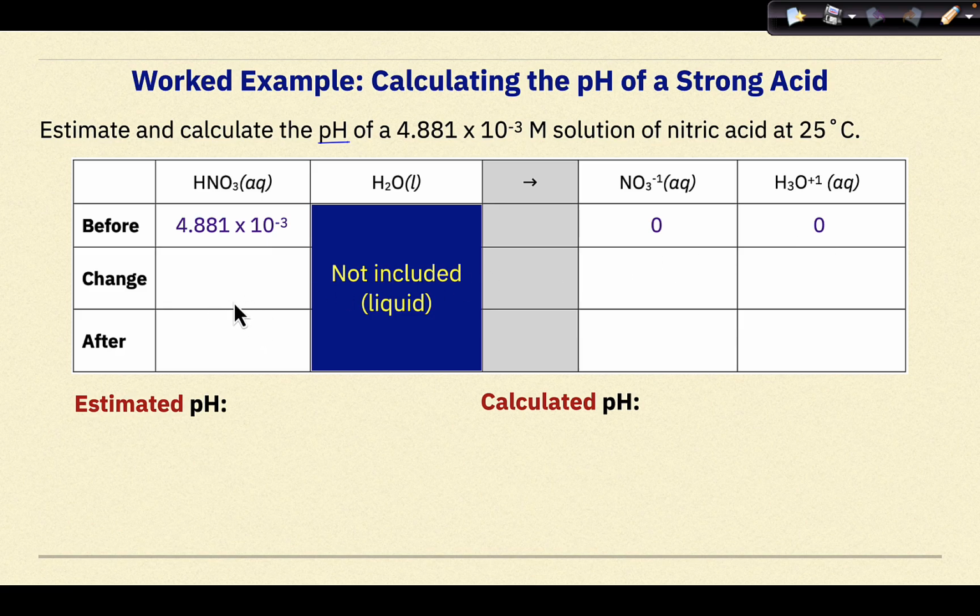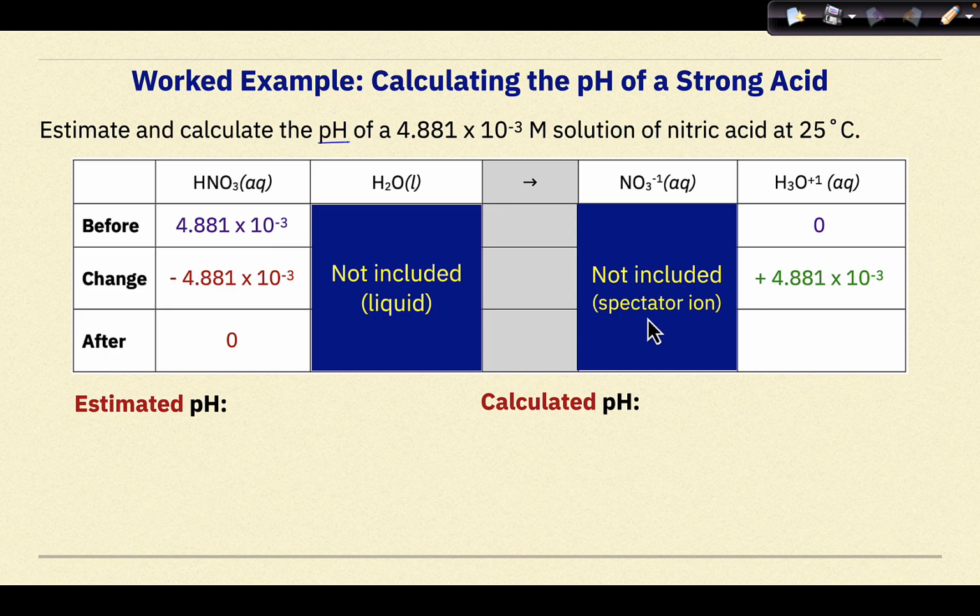When this reaction occurs, all of the nitric acid is going to ionize completely to form nitrate ions and hydronium ions. When this acid fully ionizes, the concentration of nitric acid will be 0. The nitrate ion is not going to be considered as we estimate and calculate the pH because the nitrate ion is a spectator ion.